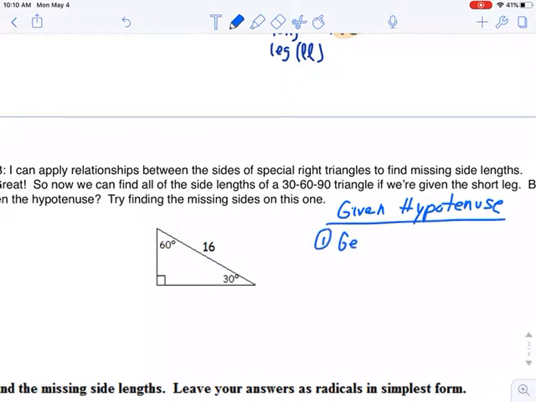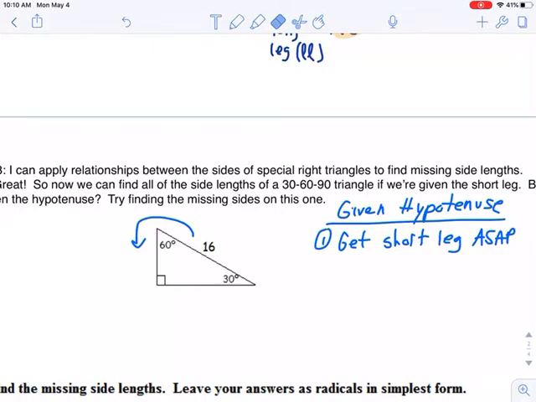What we always want to do is get the short leg ASAP. I would always go directly there. Don't go to the long leg. That's awkward. That's goofy. Don't do it. We always want to find the short leg first, and then the last remaining side just kind of falls into place.